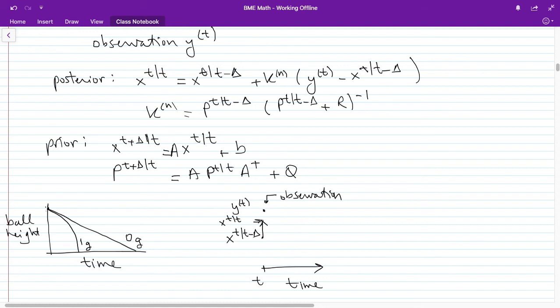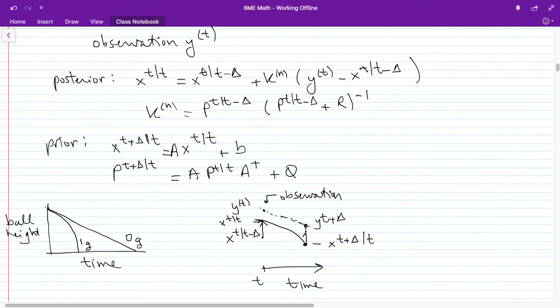So this is what we had as our posterior. We believe that it's going to fall the same way as with gravity, right? So it's going to fall here at our next time point. This is x of t plus delta given t. We make an observation. Here's our observation, that's y of t plus delta.